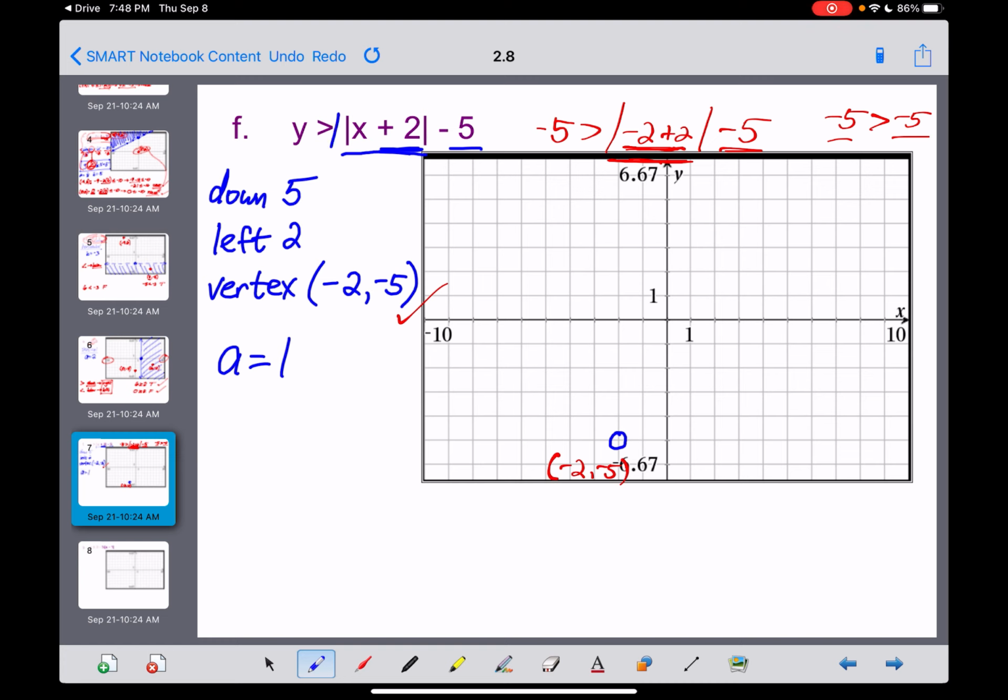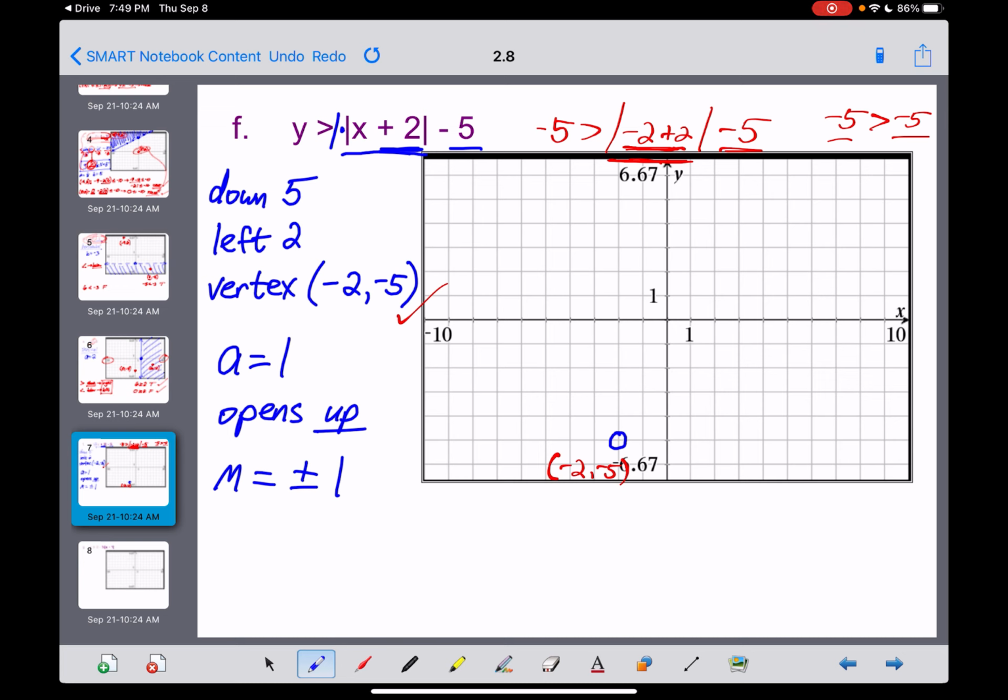You could put a 1 right there if you wanted. So that tells you two important things. First of all, this absolute value V opens upward. Second of all, the slopes of your two rays are going to be plus and minus whatever the value of A is, which in this case is 1. So we're going to be drawing a V that opens up with rays with a slope of +1 and -1.